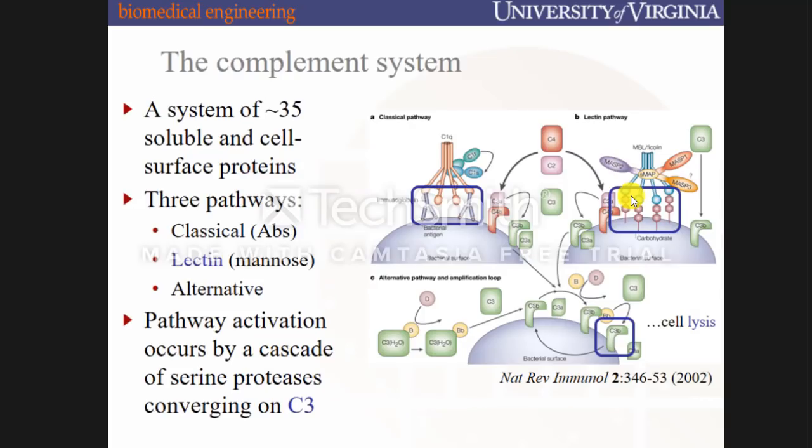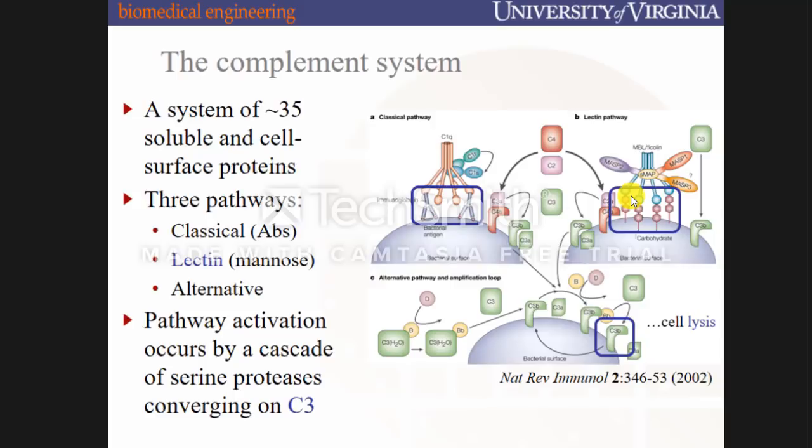So the complement system, that's the humoral innate immune system, or the chief arm of it. And so what complement is, it's a series of proteins that uses three different pathways to try and attack microbes that your innate immune system recognizes. And so the first of the three arms of the complement system is the classical pathway.